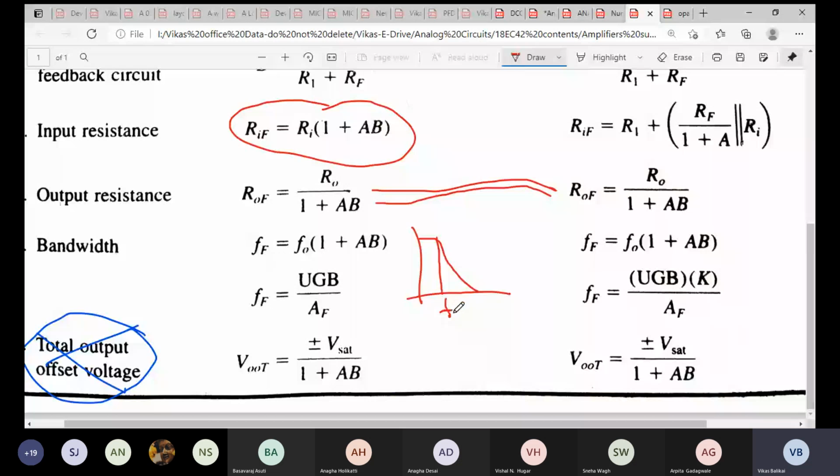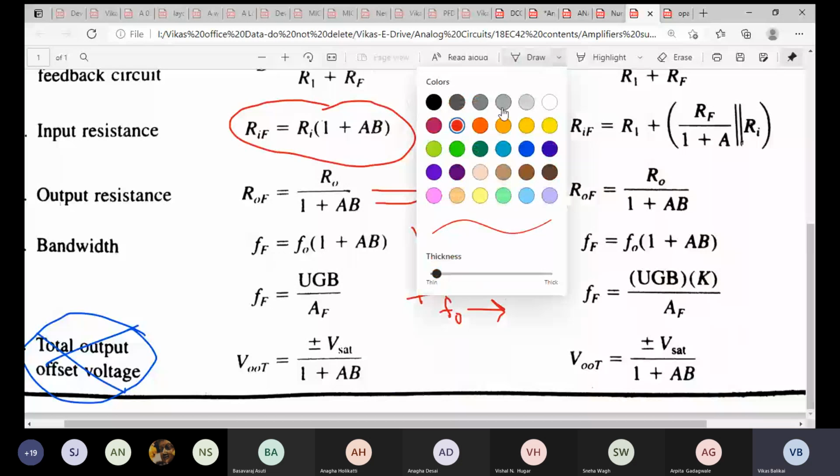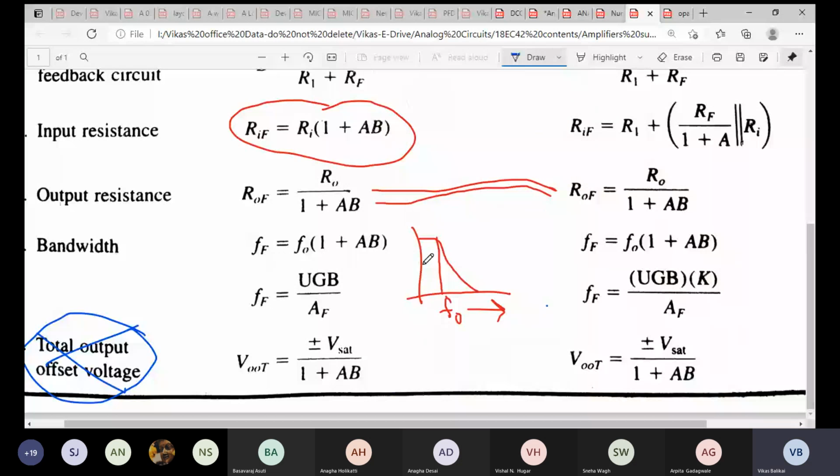So without feedback it is this much, and with feedback this f0 will be shifted towards the right side. By how much? It will be shifted by 1 plus A beta times. So my new gain-bandwidth graph looks something like this.